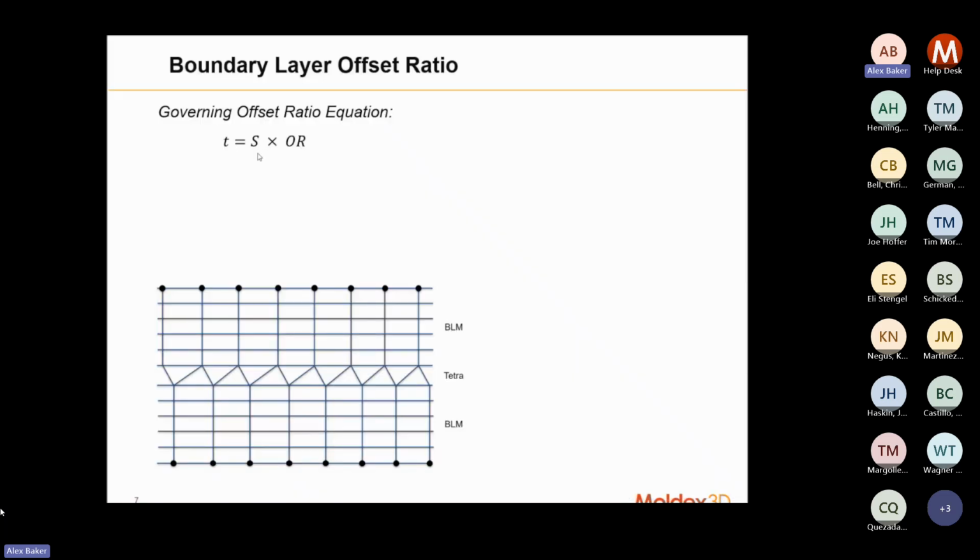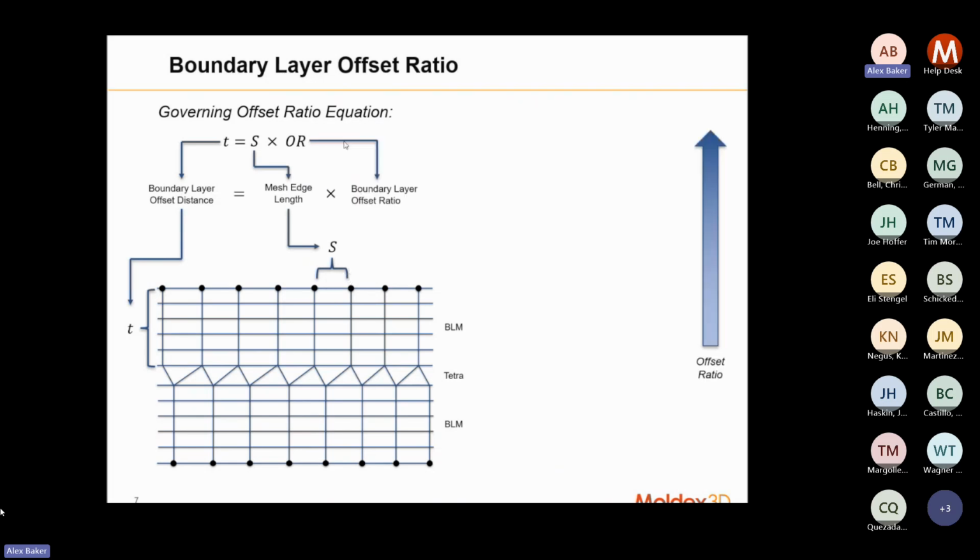And that's going to break down to T equals S times OR. T is the boundary layer offset distance, or the boundary layer thickness. S is the mesh edge length, or you can think of this like the node seeding. And then OR is kind of this scalar parameter that allows us to define the ratio between the boundary layer thickness and the mesh edge length.